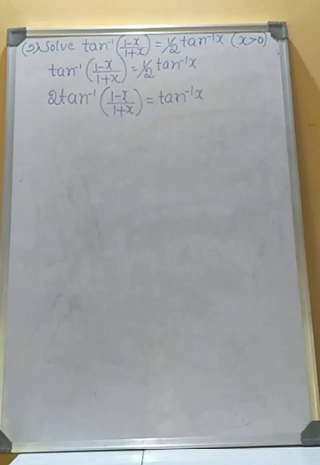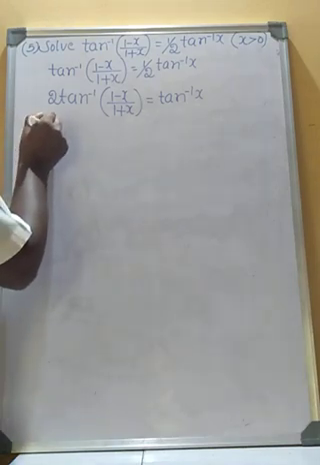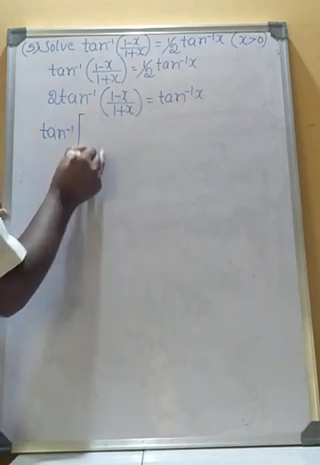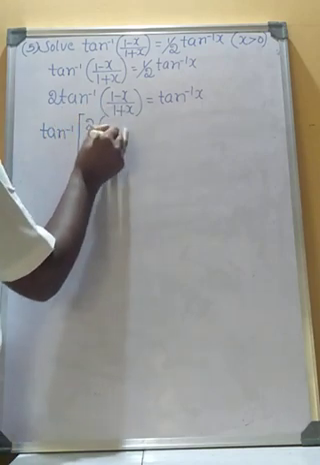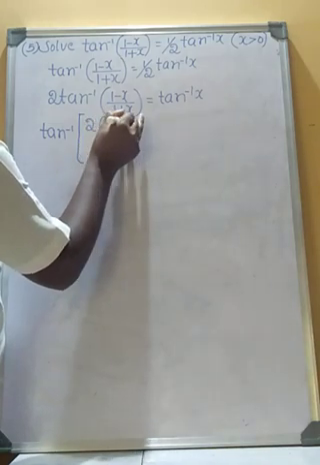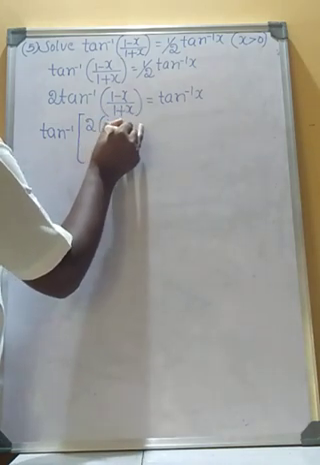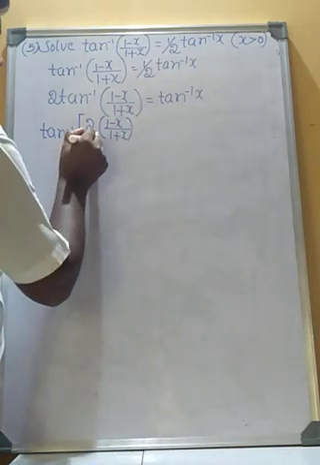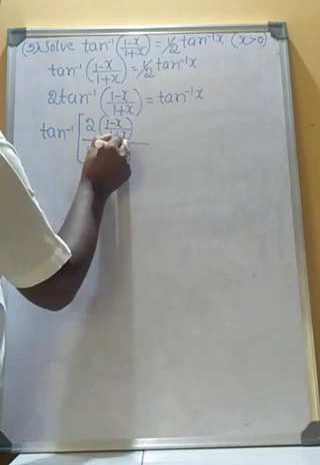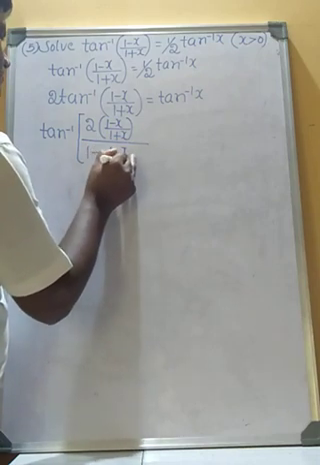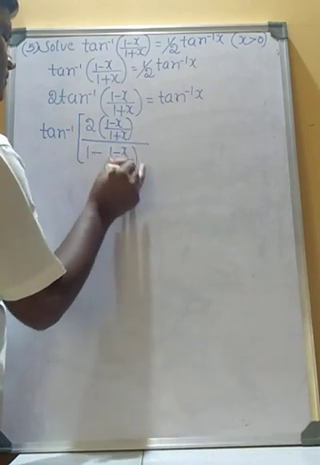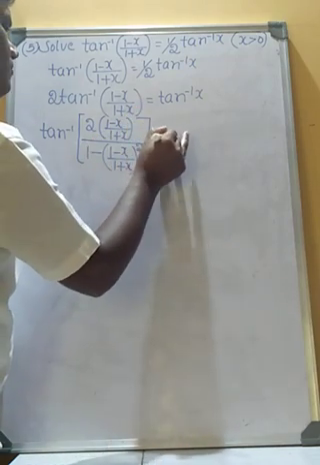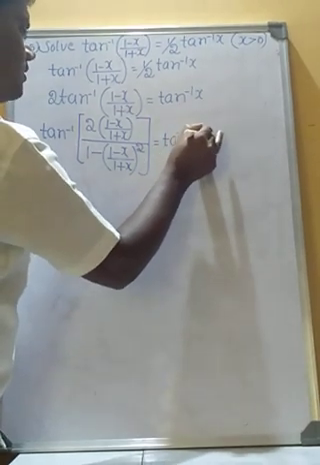You know the formula for 2 tan inverse x. Tan inverse of 2 into (1 minus x) divided by (1 plus x), tan inverse of 2x divided by 1 minus ((1 minus x) divided by (1 plus x)) whole square, is equal to tan inverse x.